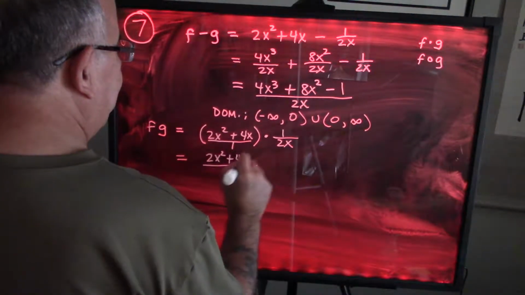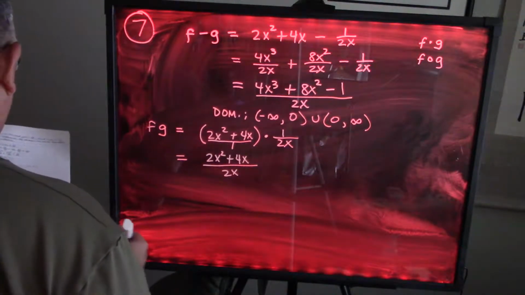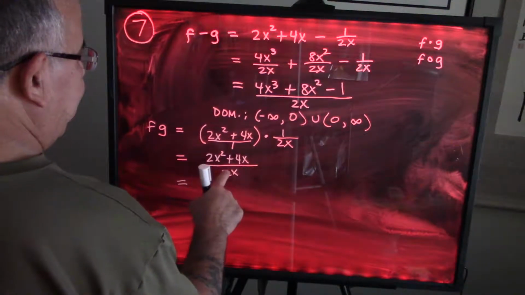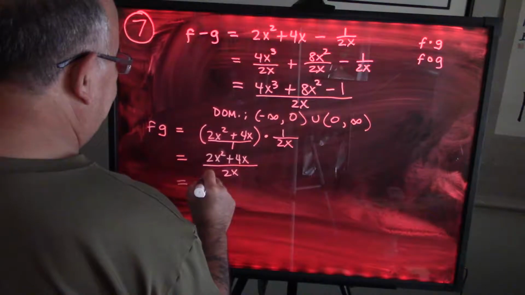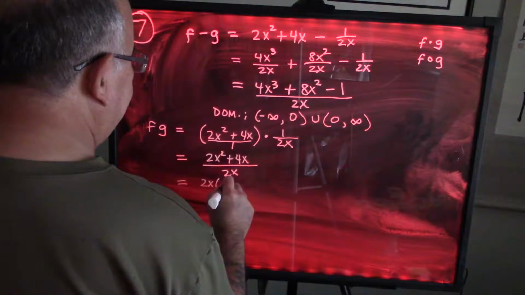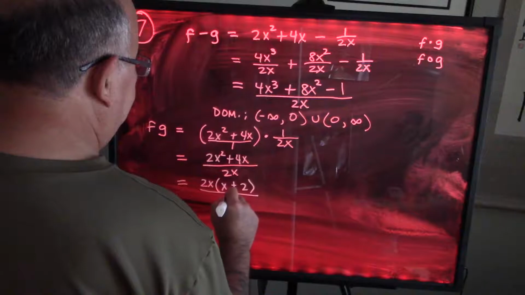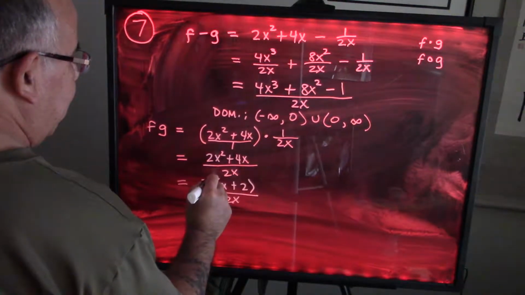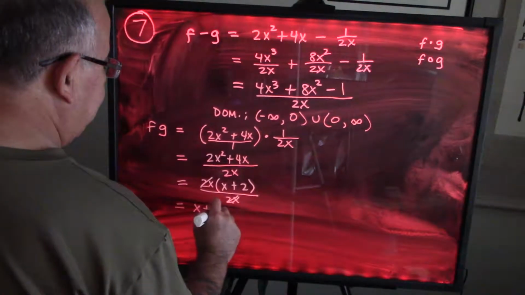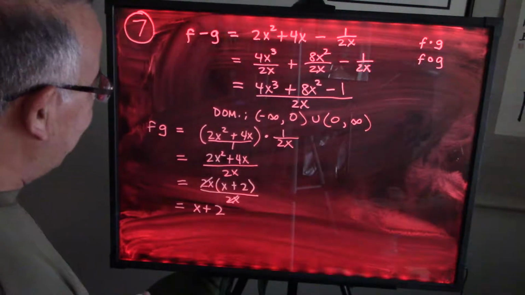And then 1 times 2x is 2x. All right. Now there's a little bit of simplifying here, which you could do. You could factor a 2x out of the numerator, right? So you got 2x, and that leaves you with an x plus a 2 in the numerator, and then 2x down below, and those will cancel. And so this is leaving you with just x plus 2. Now that's a straight line.